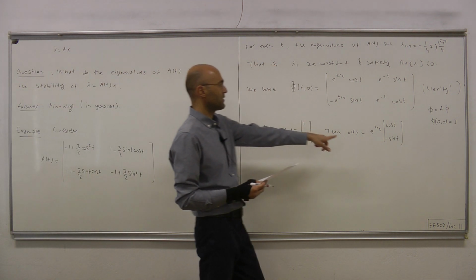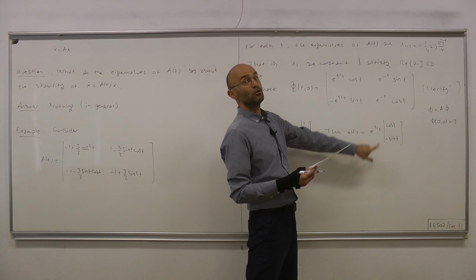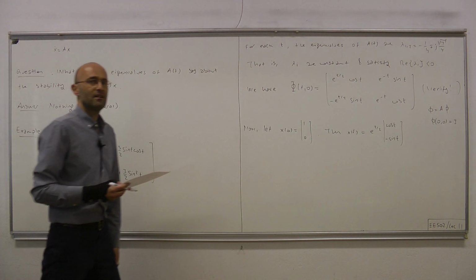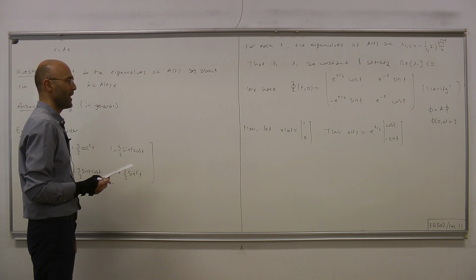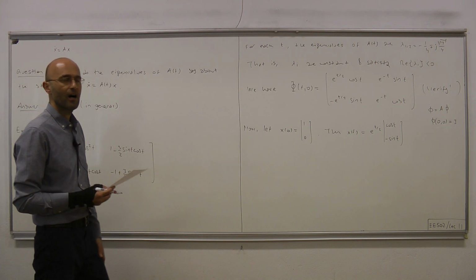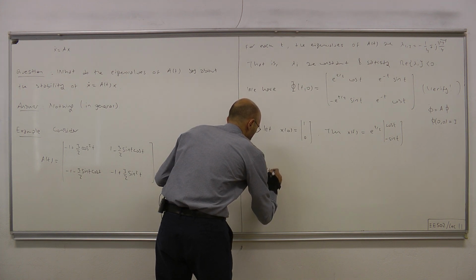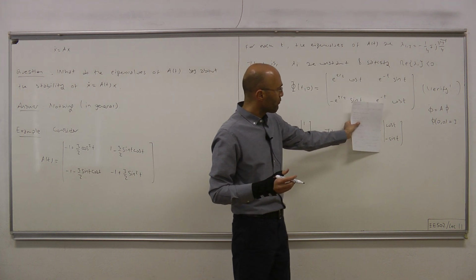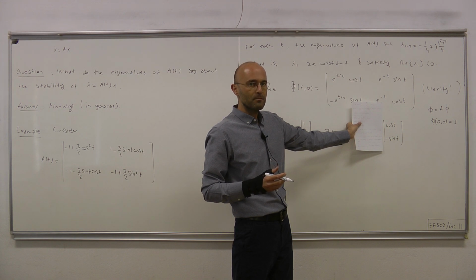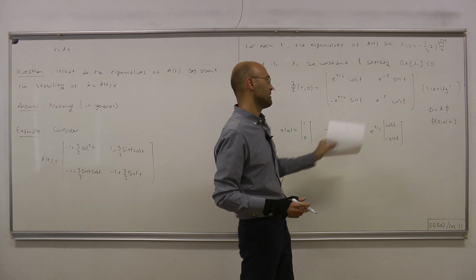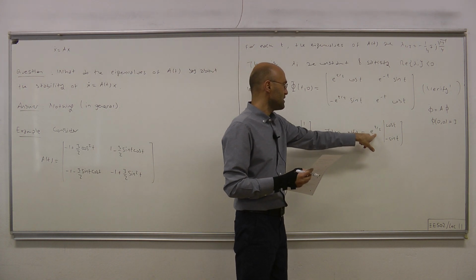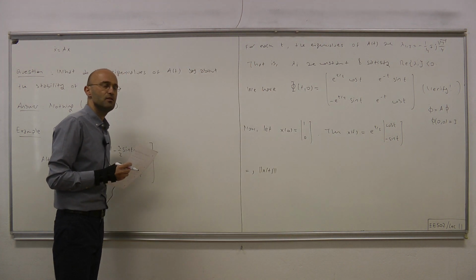And one look at the solution, due to that e to the t over 2 term, tells us that this x of t is growing unboundedly. In particular, the norm of the vector cosine t, minus sine t is always 1 for all times, since cosine squared t plus sine squared t equals 1, so the norm of x of t is simply e to the t over 2.